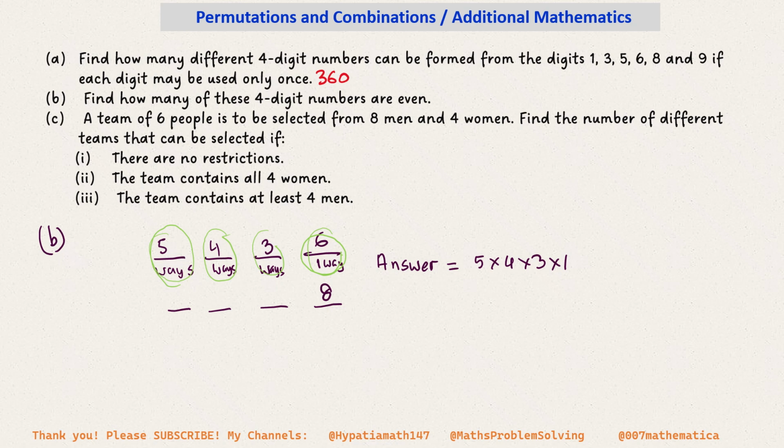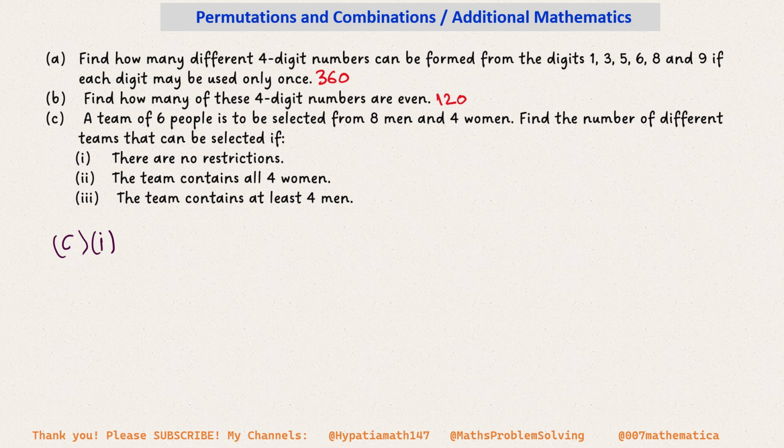So we multiply by 2, and the answer is going to be 120, which is the total number of 4-digit numbers that are even. Okay, so that's the answer to part B.